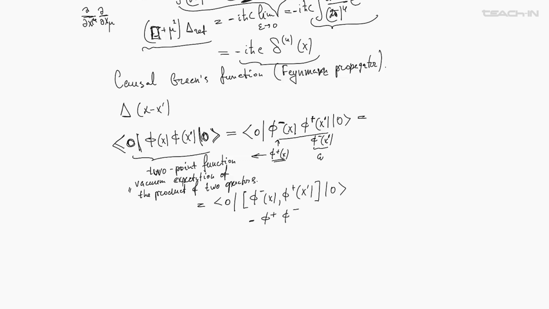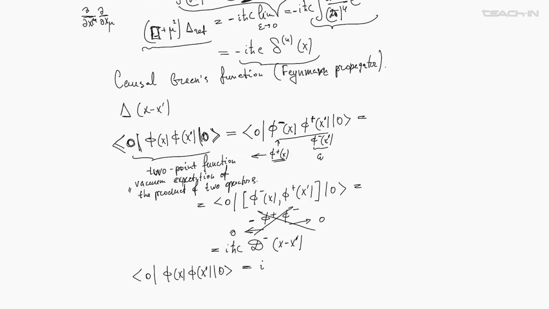So this term will not contribute, and therefore you can replace the product of fields by the commutator. But then what is written down here is nothing else than i h bar c, the negative frequency part of the Pauli-Jordan function, depending on x minus x prime. So in other words, this product of fields in the vacuum is i h bar c delta minus of x minus x prime.